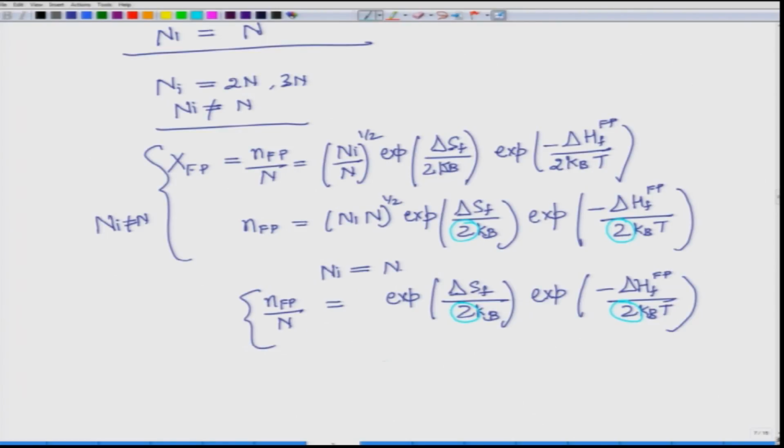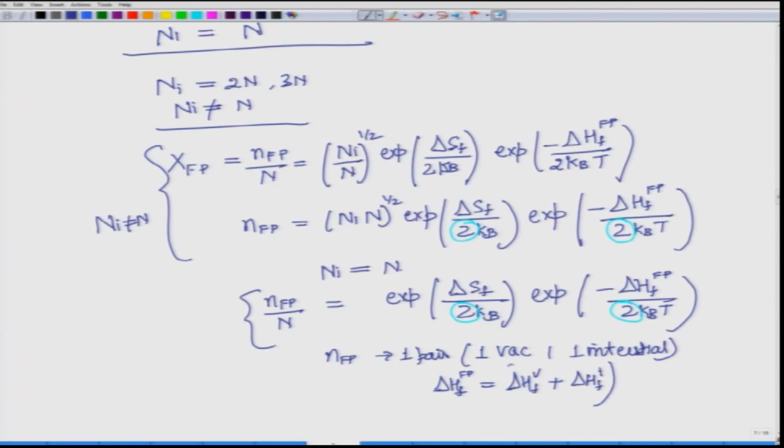This factor arises because when we are saying NFP, we mean one pair, which means one vacancy plus one interstitial. So, delta HF actually represents here the formation of vacancy plus delta HF formation of interstitial, not directly in this relation, but this is just to show that delta H Frenkel pair is the formation of one vacancy plus one interstitial.